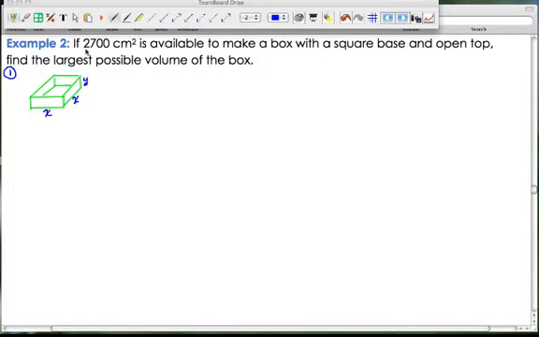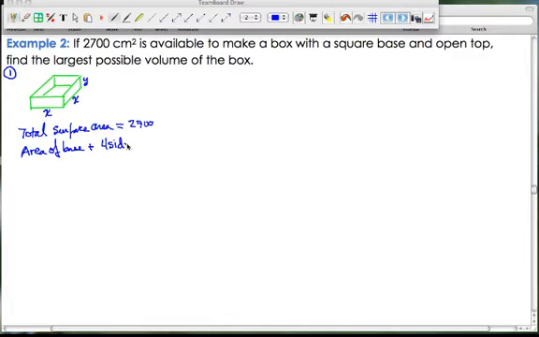Now let's see the givens. We have a total area available of 2700 square centimeters. So the area of the box would be at most 2700 square centimeters. The total surface area would equal 2700. Now we know that the total surface area for this box would be the area of the base plus the 4 sides.